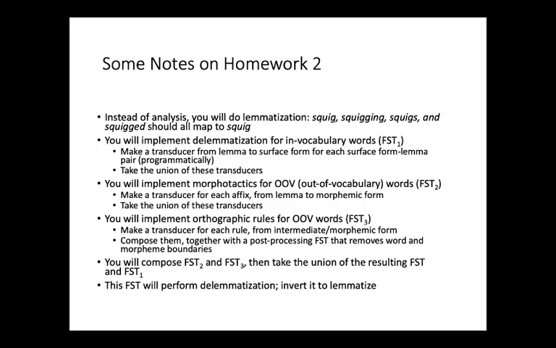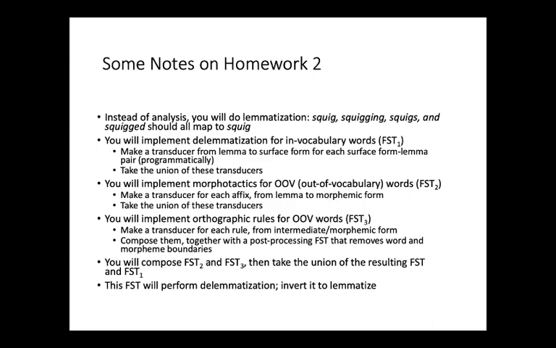Then the hard part is you'll implement orthographic rules for out-of-vocabulary words. So you'll make a transducer for each rule from the intermediate or morphemic form, and then you'll compose them together with a post-processing FST that removes the word and morpheme boundaries. So you'll do all of this manipulation where you need that word and morpheme boundary information, and then you'll get rid of the boundary information.